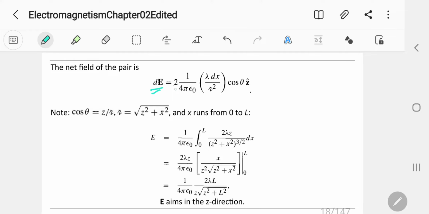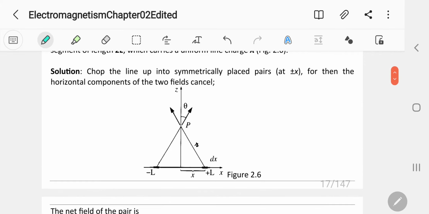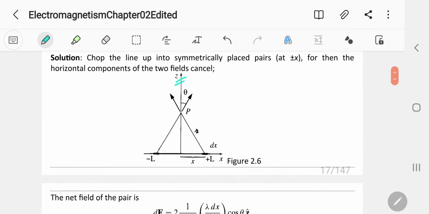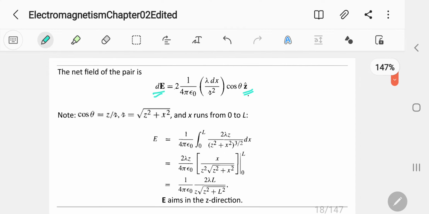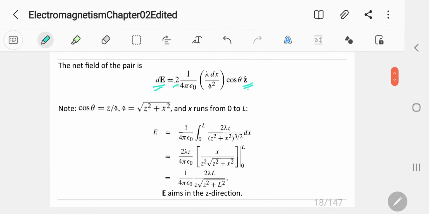This is 2 times, because the y components add, or actually the z components, we chose this axis to be z, so the two z components add, that's why you have a 2 here, and then you have lambda dx. Instead of dl prime, you have dx because the distribution is along the x-axis. This is over scripted r squared.